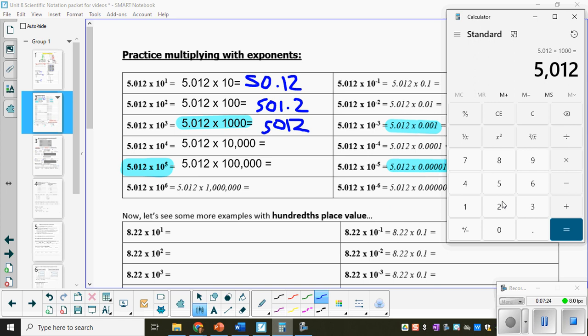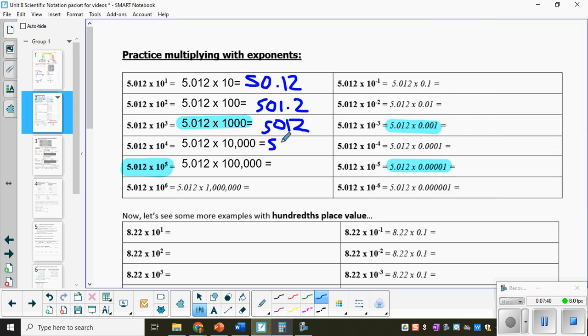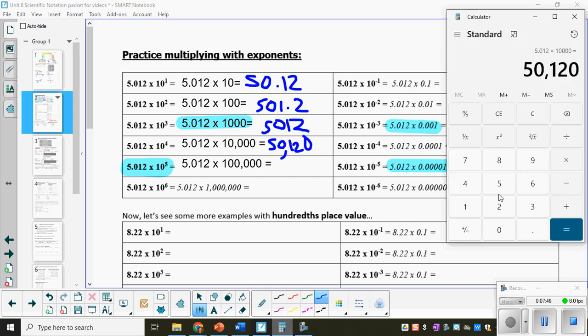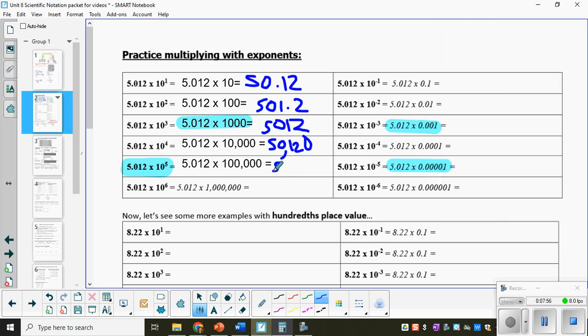And the answer is yes. For the next problem, 5.012 times 10 to the fourth power is really 5.012 times 10,000. In the calculator, that is 50,120. And the next one, 5.012 times 100,000 is 501,200.